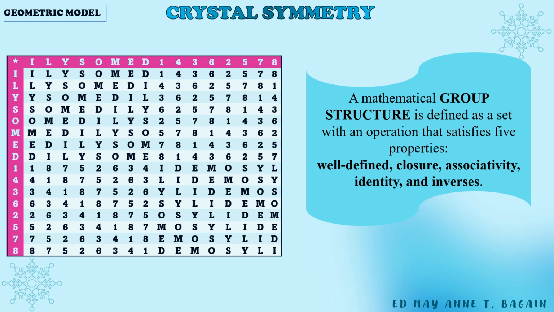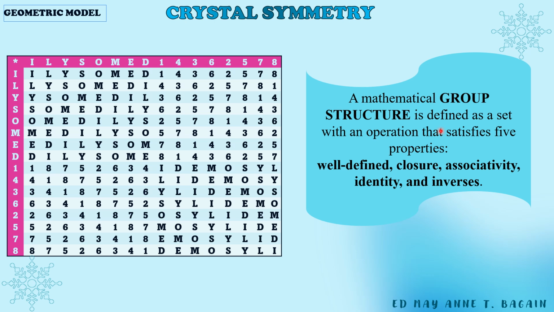And next we will check if this model has a group structure. A mathematical group structure is defined as a set with an operation that satisfies 5 properties or conditions.